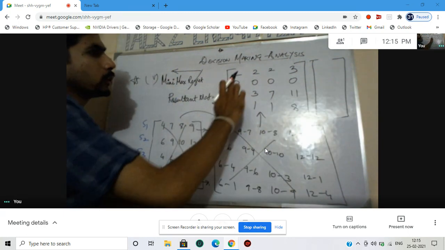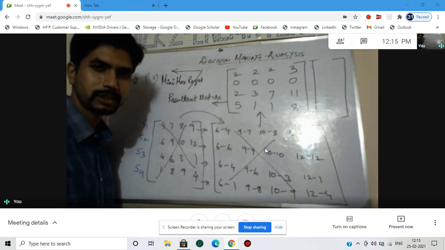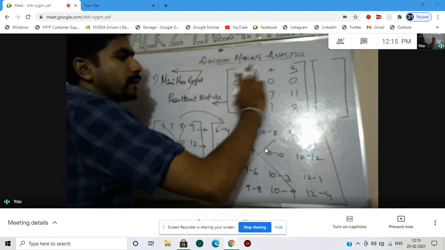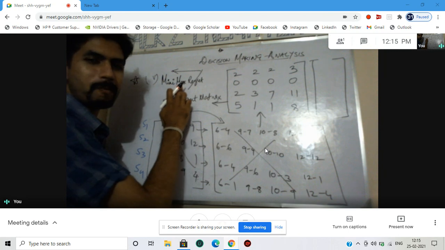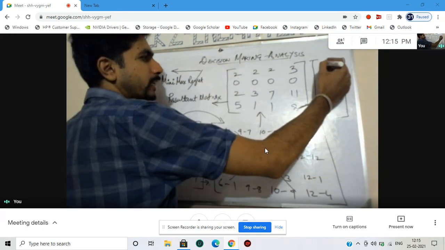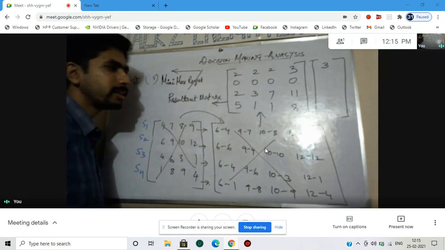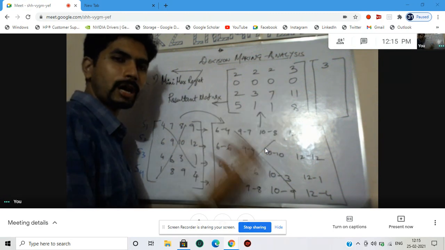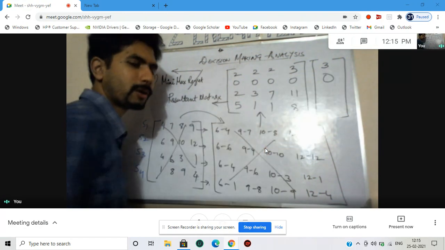All right. So in the first row, you see which is the maximum value. The maximum value here is 3. In the second row, you see which is the maximum. All are zeros, so put it as 0.